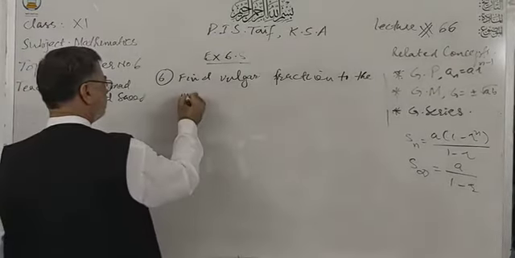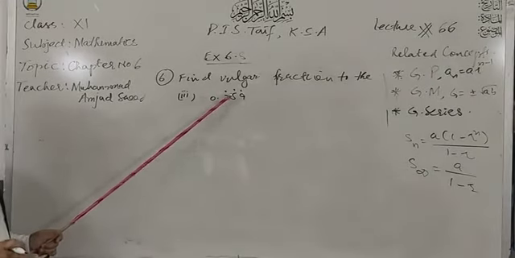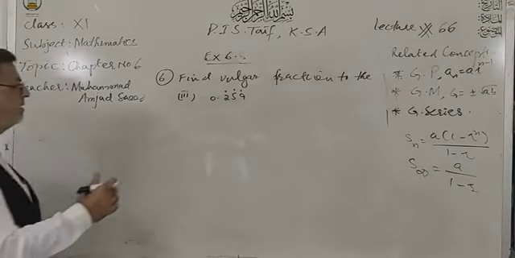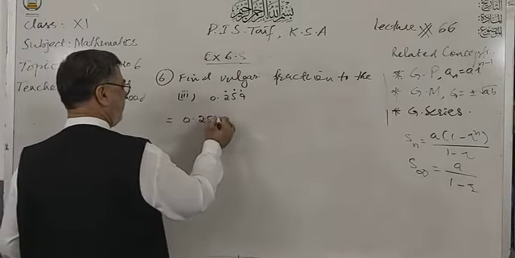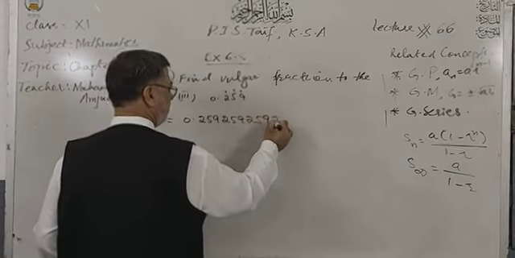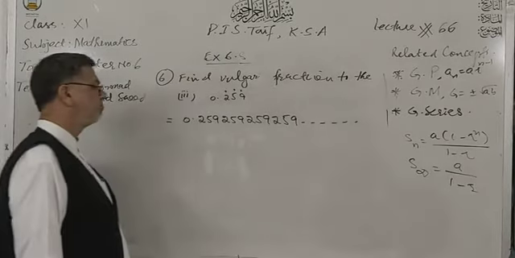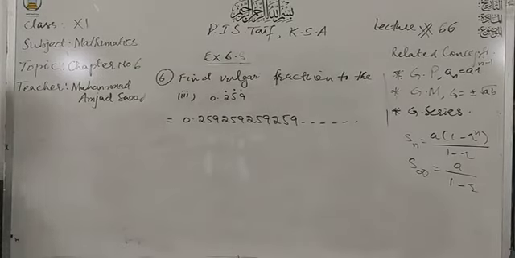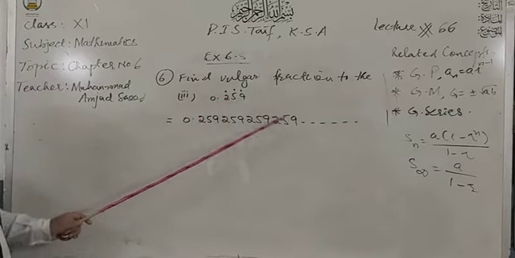Dear students, these dots mean these digits are recurring decimals. So you can write down 0.259259259 and so on. This recurring decimal is decoded in this way: 259, 259, 259.